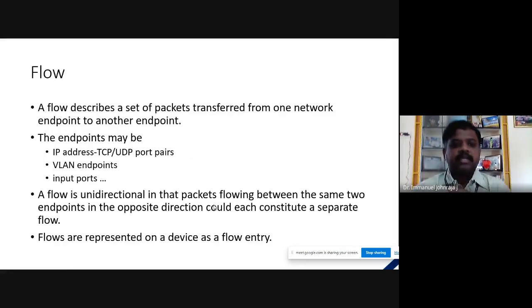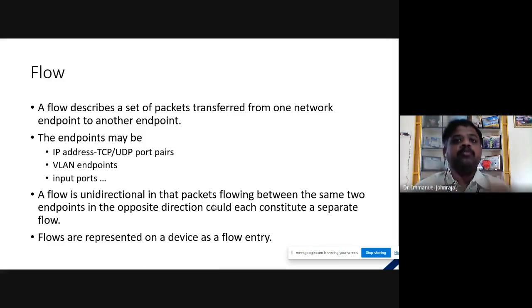What is a flow? A flow is a set of packets transferred from one network endpoint to another endpoint. What is that endpoint? It could be an IP address and TCP/UDP port pair, for example your socket. If a packet or set of packets is transmitted from one socket to another socket, then it can be termed as a flow. Is that all?